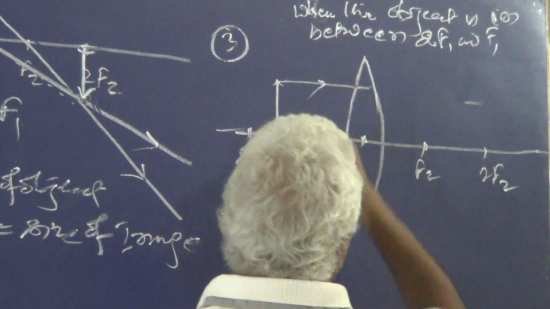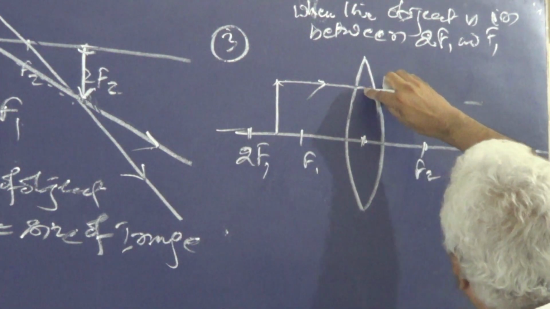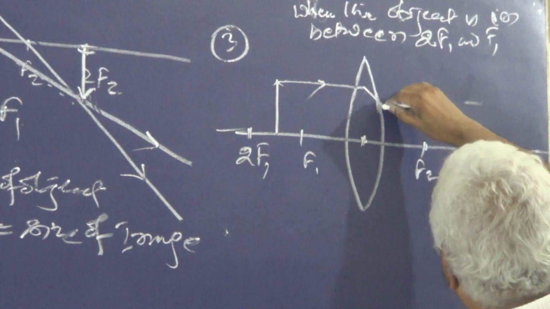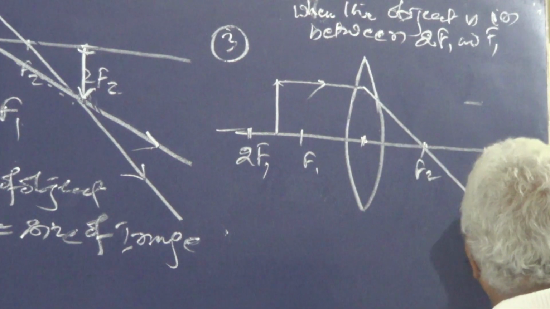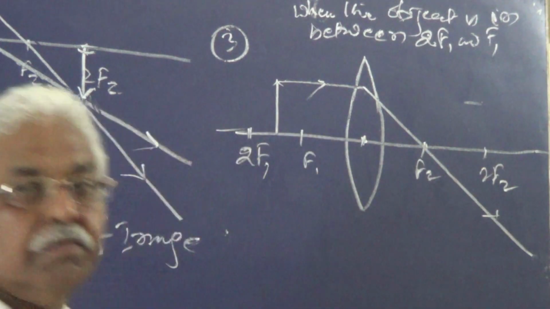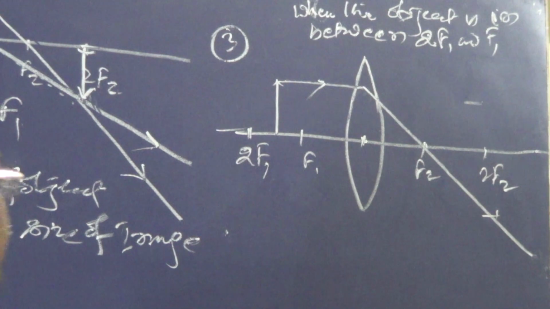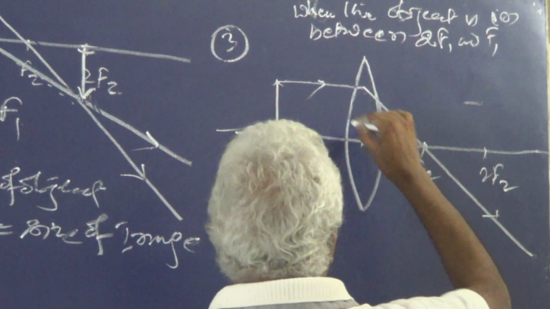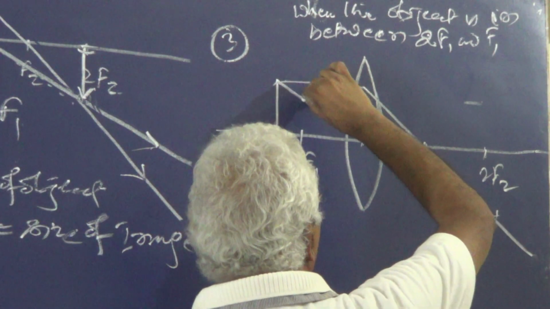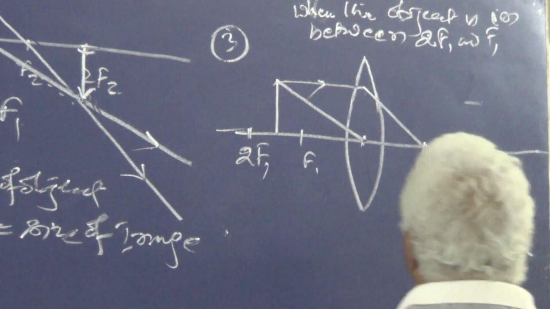Rays parallel to the principal axis, after refraction, pass through the focus. This is as per the first law. Now second, it will pass through the optical center and go straight.